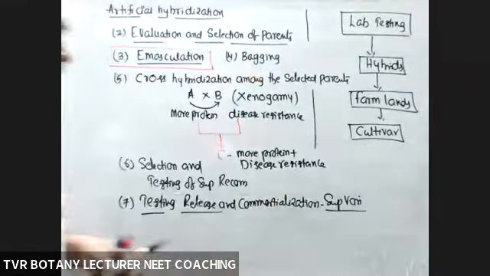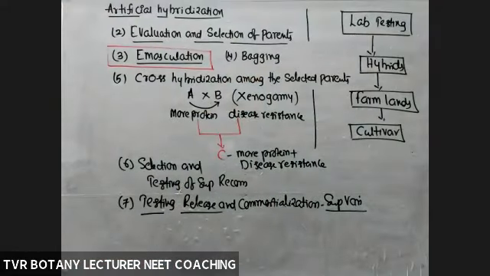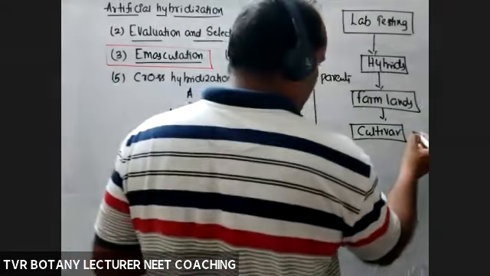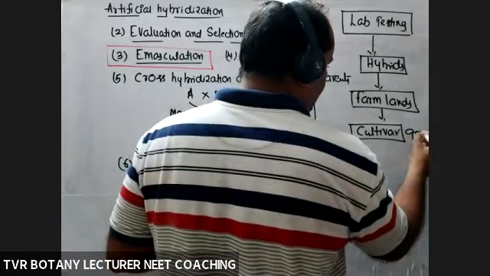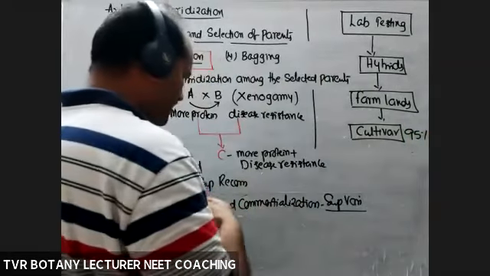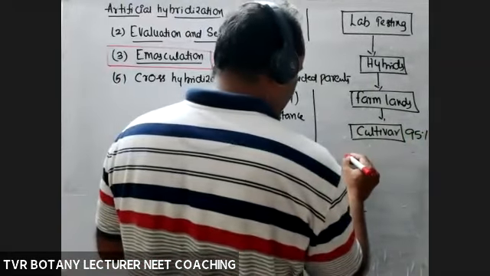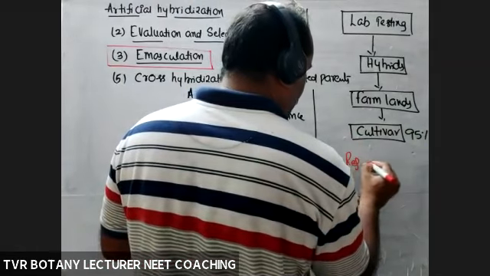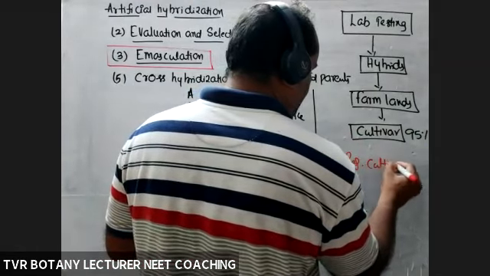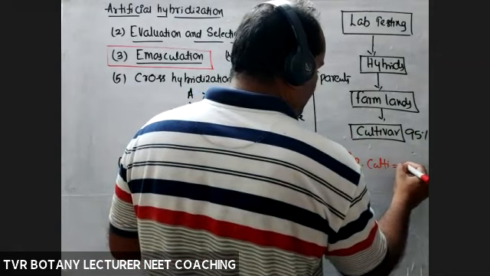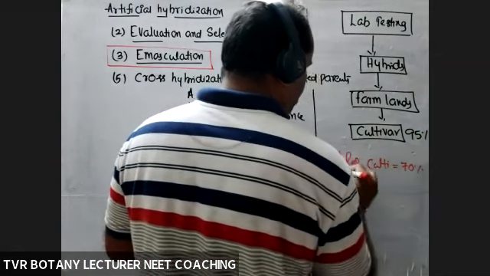After checking, the final conclusion was the new cultivar, new hybrid variety, was with the highest number of desirable characteristics. So this one with 95% desirable characteristics. And what about the reference check cultivar? Reference cultivar is with, for example, 70% desirable characteristics.